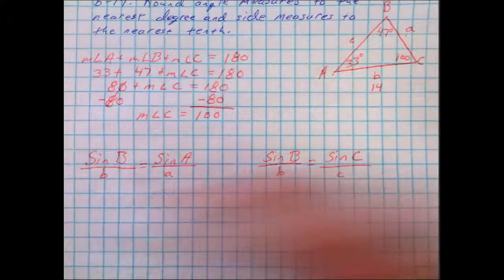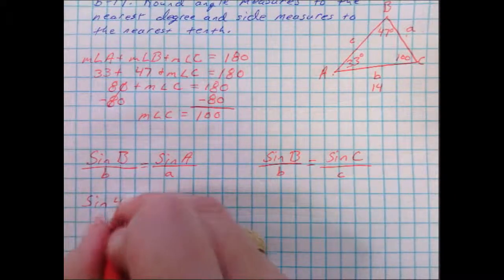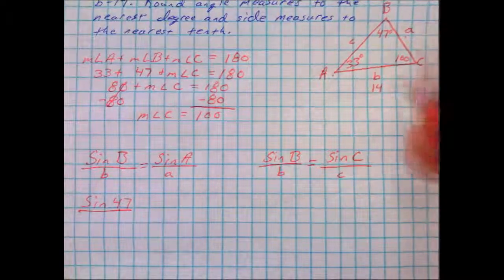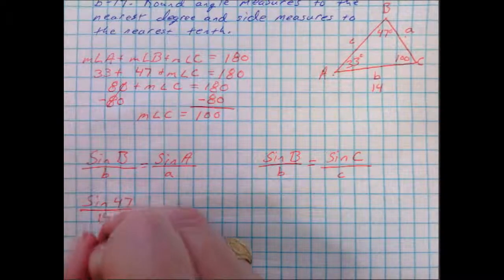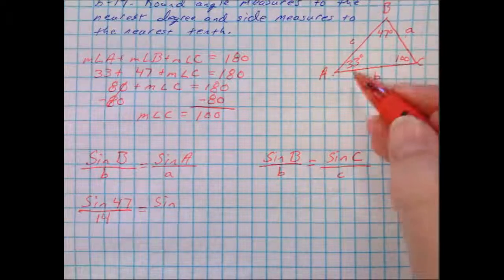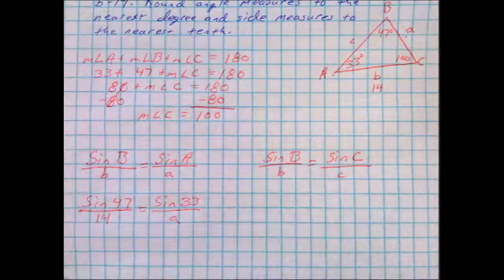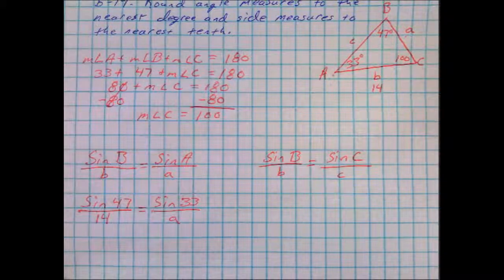Alright, so here's sine B. That's angle B, so that's 47. So sine of 47 over side B, which is 14, equals sine of angle A, which is 33, over side A, which we don't know, so we're going to leave the A in there.